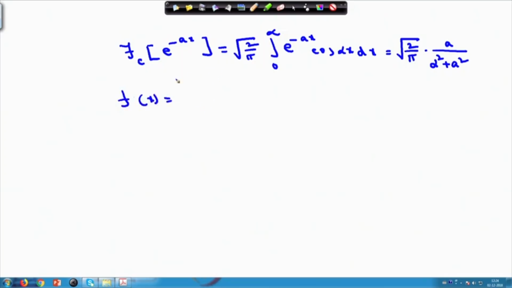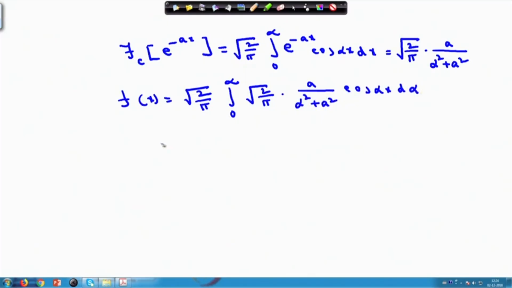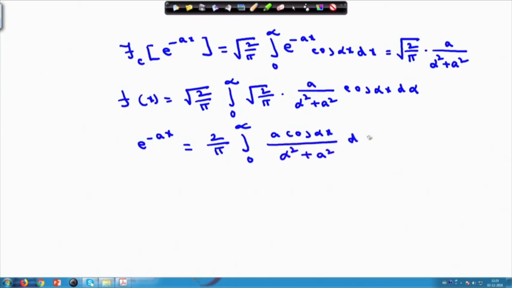So, using the inversion formula, from here I can write f(x) equals root over 2 by pi times the integral from 0 to infinity of root over 2 by pi into a by (alpha square plus a square) into cos(alpha x) d alpha. So, you can write f(x) is e^(-ax). So, it will be 2 by pi times the integral from 0 to infinity of a cos(alpha x) by (alpha square plus a square) d alpha.